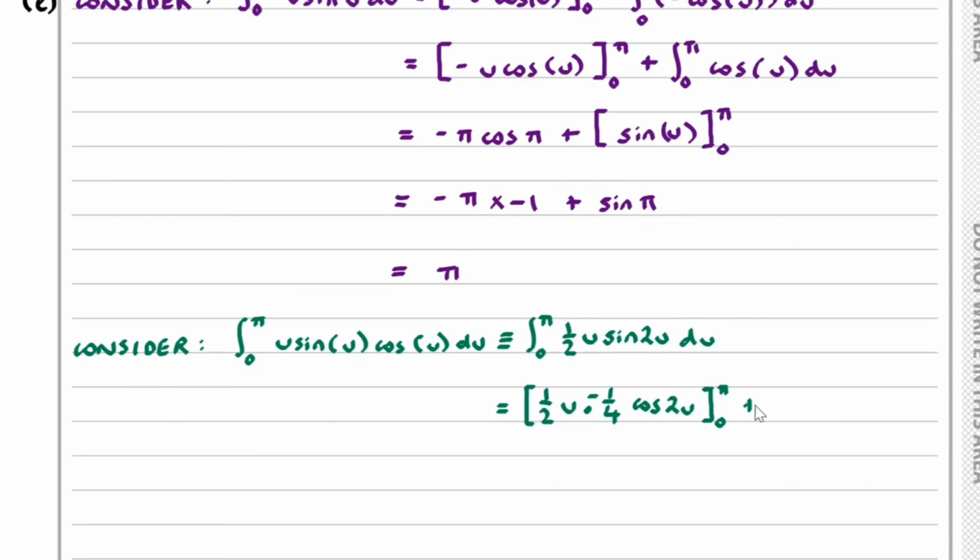And then I add on, then I've got minus the integral of, here I've got u dash, which is 1, times by the integral of a half sine 2u, which is minus cos 2u over 4, du.